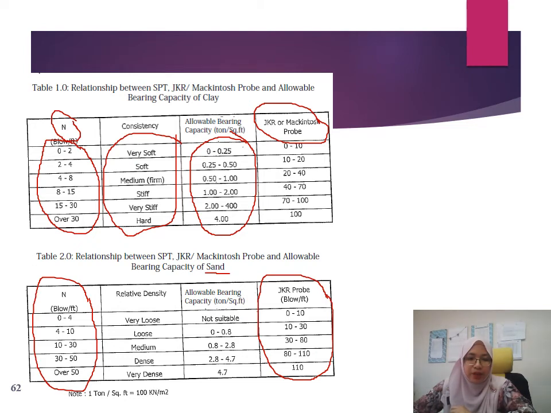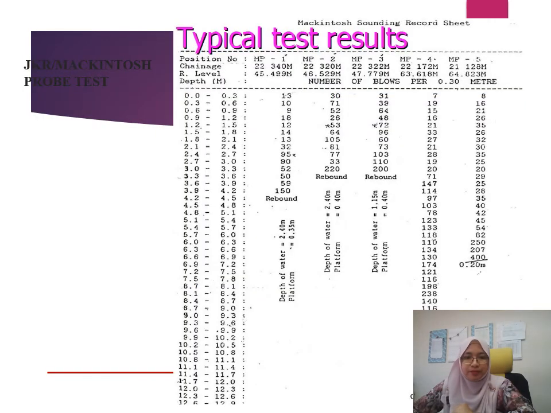From here, you can also correlate to the bearing capacity. Bearing capacity is the value that is used to design the shallow foundation. So this is some of the typical test results of the Macintosh or JKR probe test.